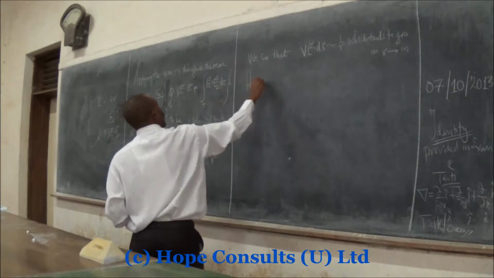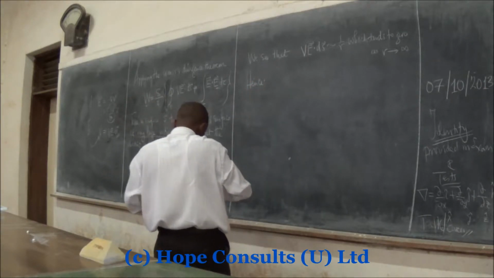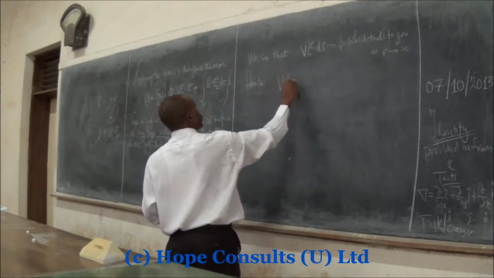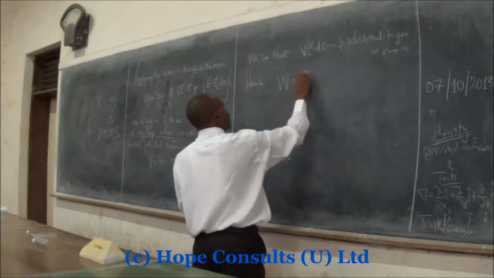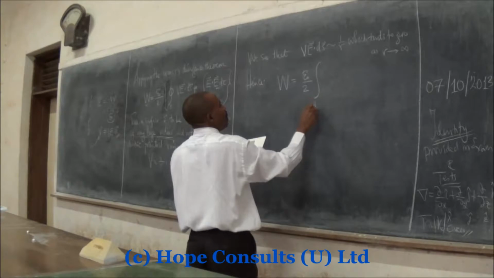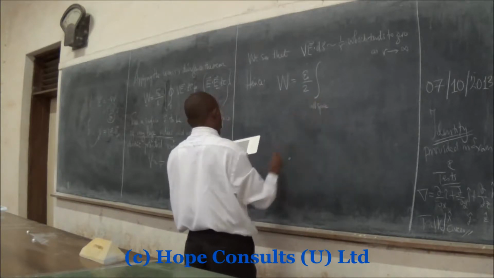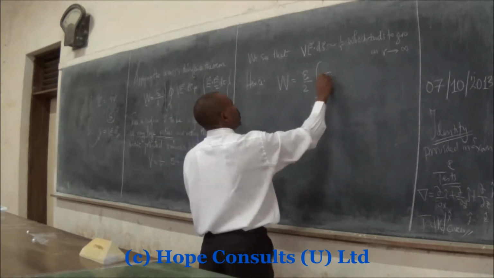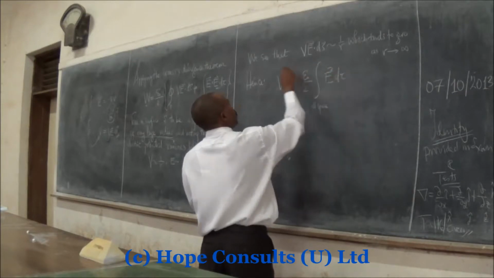Hence, we would have that our work done will be the same as epsilon naught over 2 integral for all space E squared d tau.